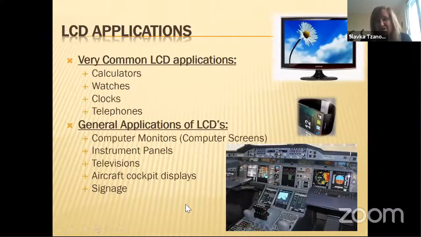The applications nowadays, I think most of them are replaced by LEDs, but for example, what you can see on the bottom right, you can't imagine that it could be the control system of a power plant.